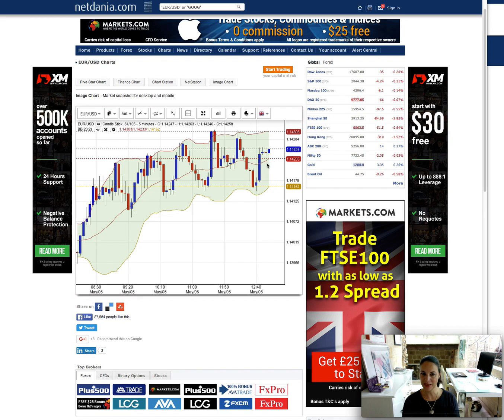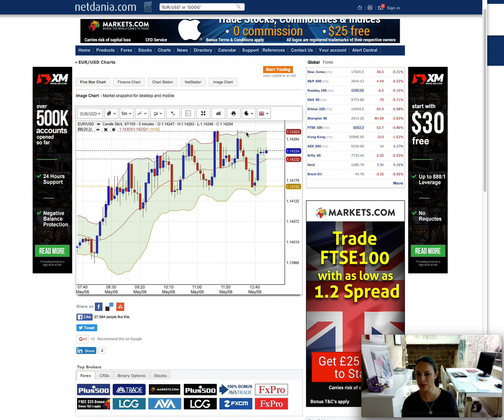It might be that because it already went down quite low twice, this time the lowest low has been lower than the previous two, we could be seeing a reversal. In that case, we will see that the Bollinger Bands are going to be squeezing together. But it is a little bit premature to say, and unless we see clear indication in the next half an hour, we will let this go for today.